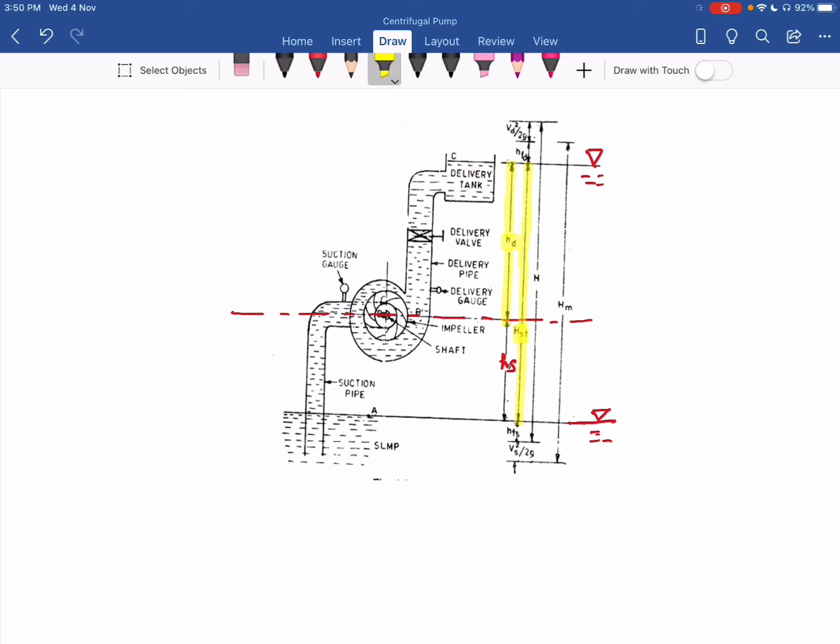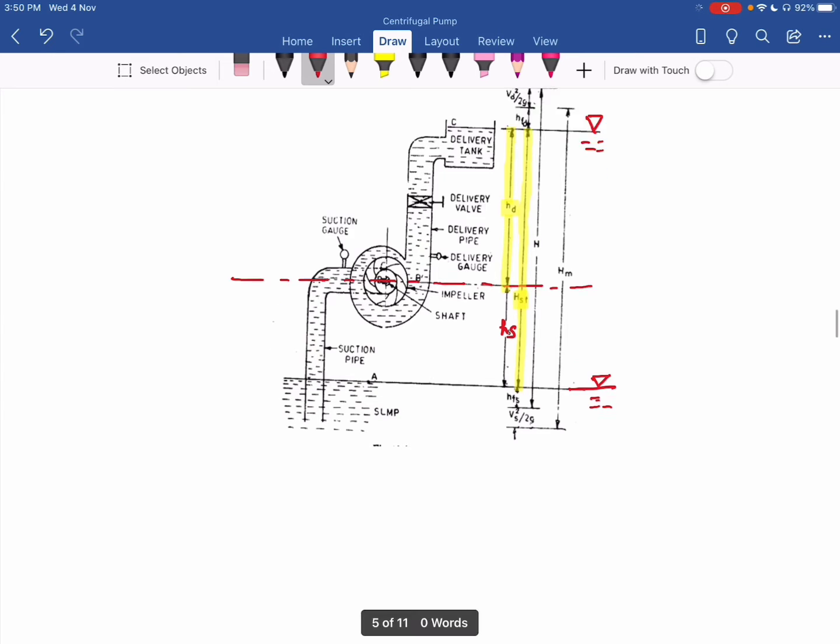Okay, then the second head in the centrifugal pump is the total head.